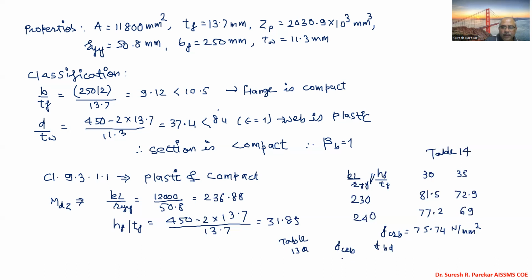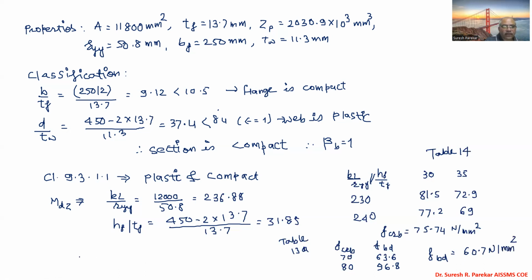So FCRB we have 70, 80, and from this we have FBD 63.6 and then 56.8, and from this we will get FBD. Now these calculations you can do. I have taken directly Newton per mm square.